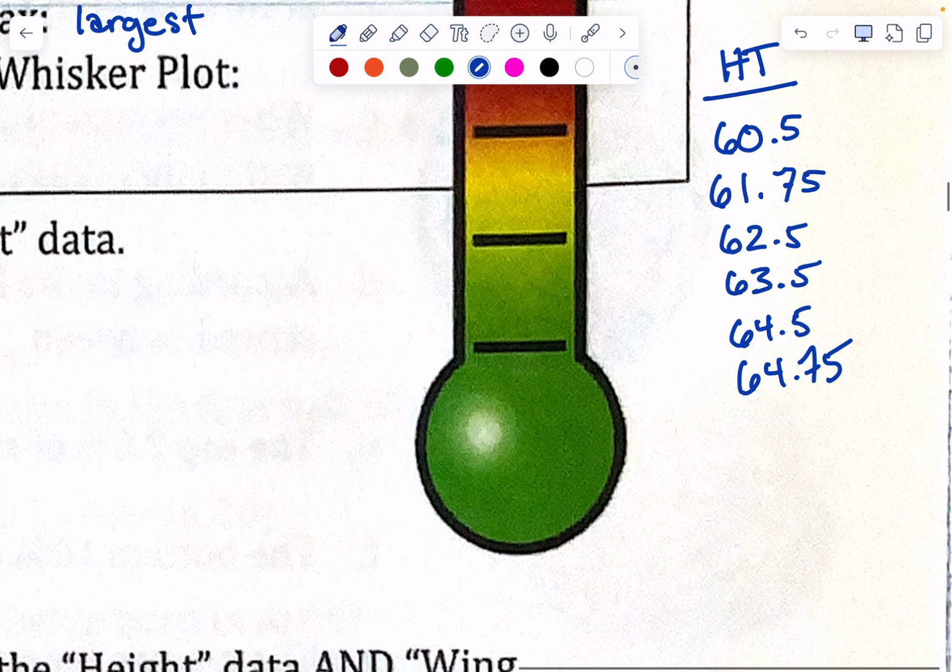Okay. 66.25, 67. We got lots of 68s. 68.5, 68.5, 68.5.